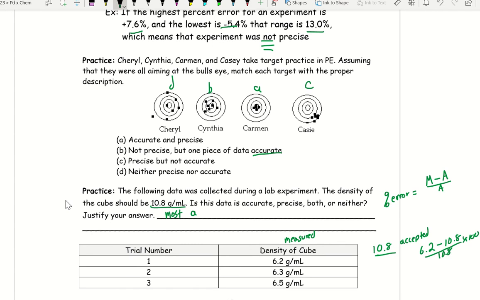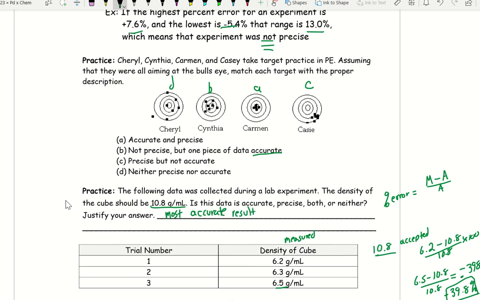When you get this answer, you'll see the most accurate one is this one, 6.8, for example, and if I did the math here, 6.8 minus 10.8 divided by 10.8, we should get negative 0.398, and that changes to negative 39.8%. We multiply by 100. Okay, so to show you how I got that, that's the most accurate result.